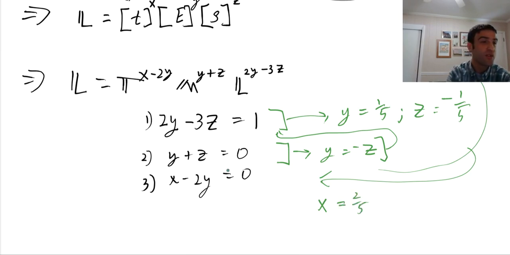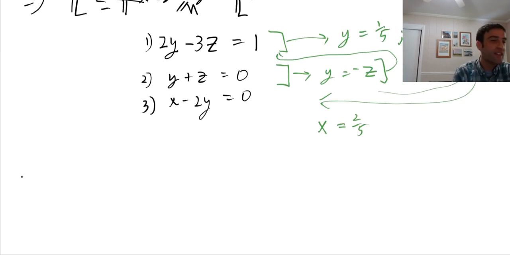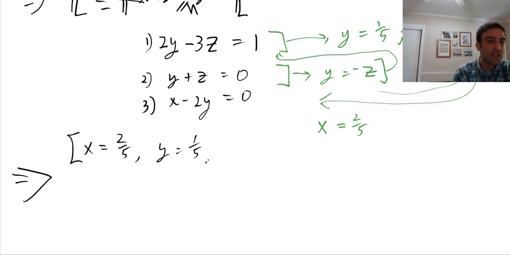Okay, so by forcing the dimensions of the two sides of the equation to agree with each other, we've learned the particular combination of how time, energy, and density all get multiplied together. If I write that out more explicitly, x is 2/5, y is 1/5, and z is minus 1/5. That means I can write my equation.